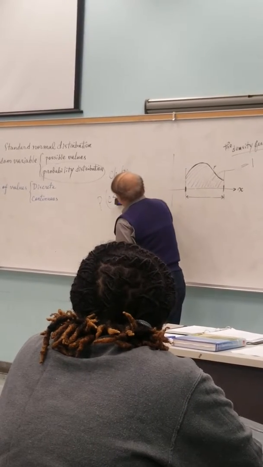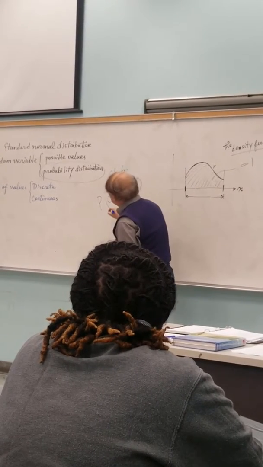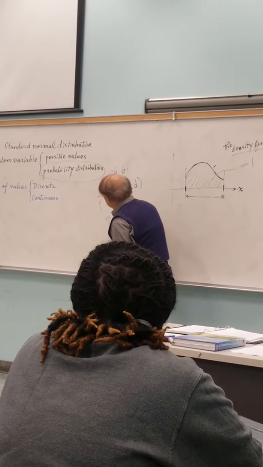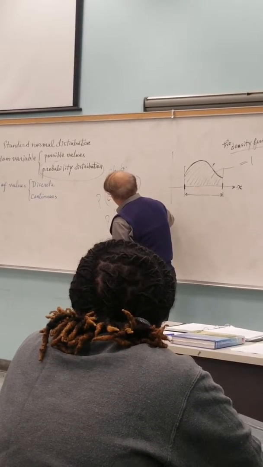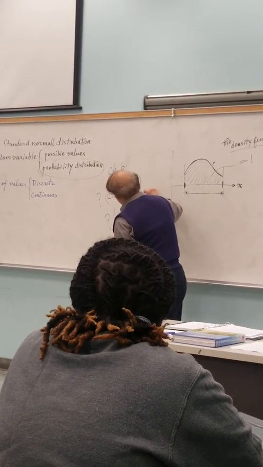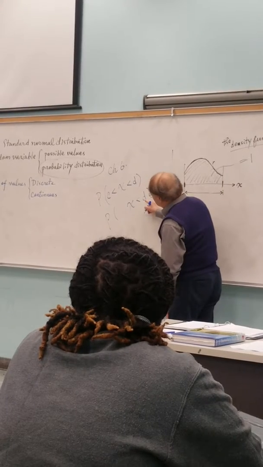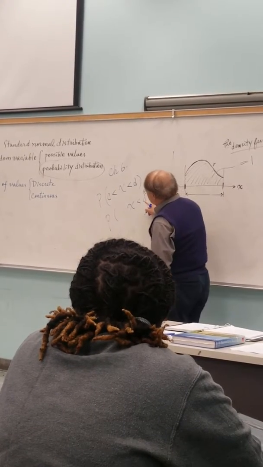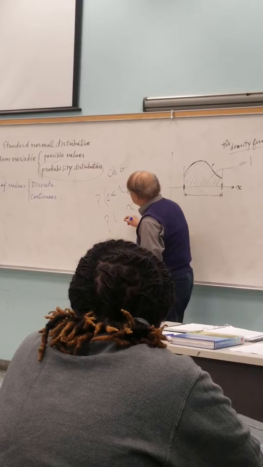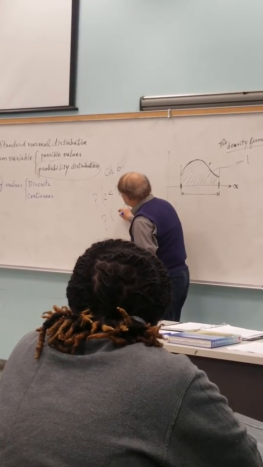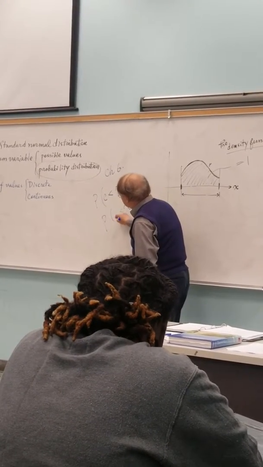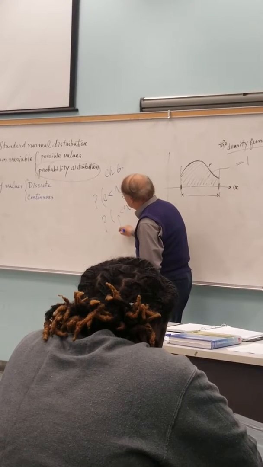In chapter 6, sometimes you see, what is the chance for the random variable to take a value less than 5? This side is missing. Then you understand this side is the smallest possible value.